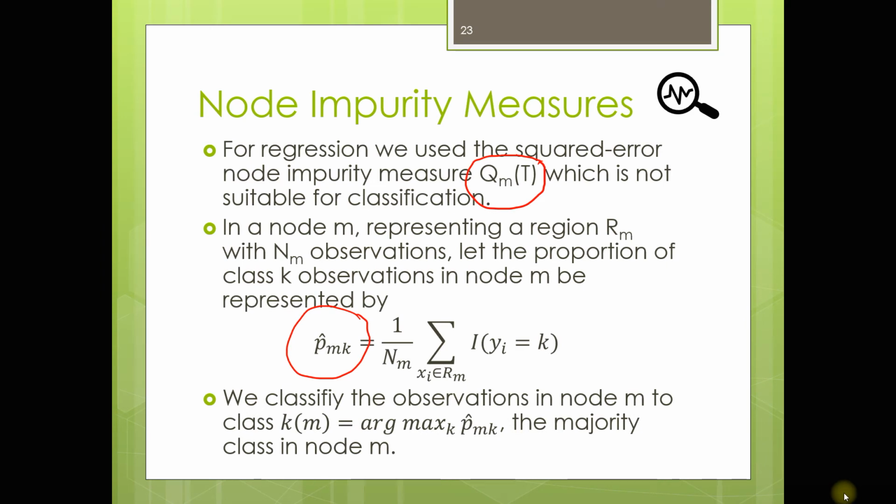In fact, this is just a proportion, but a proportion which has been determined for a certain class k within a certain region m. And there is still this concept of indicator function that comes in here. Maybe to illustrate this, I'll take an example for you to understand.